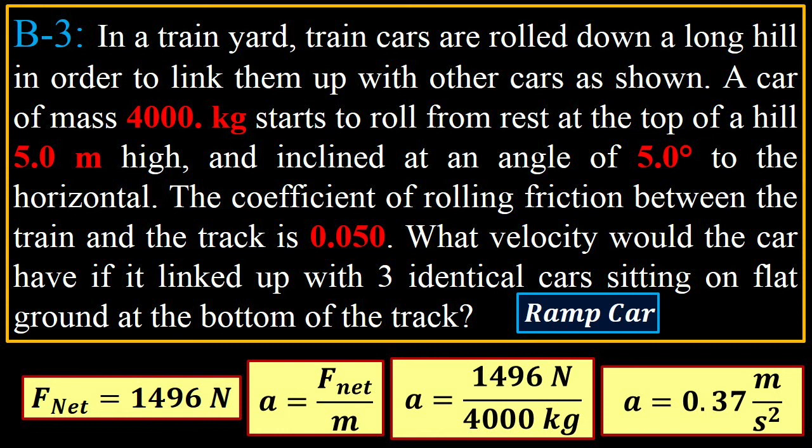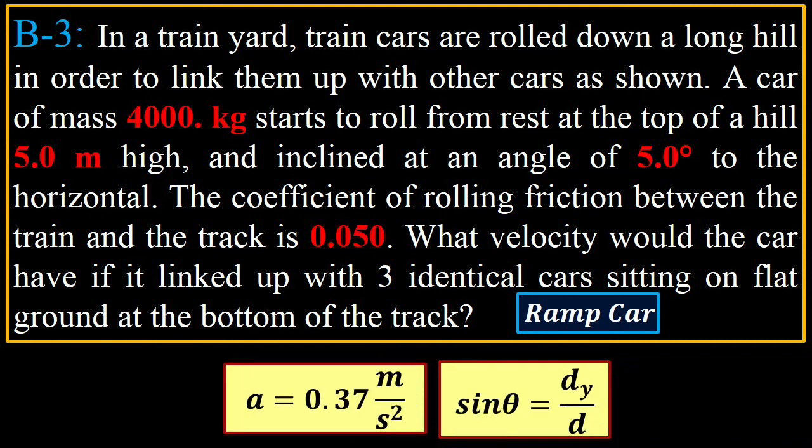Remember, I want to find the velocity. What velocity would the car have if it linked up with 3 identical cars sitting on flat ground at the bottom of the track? So I know that sine theta equals dy over d.